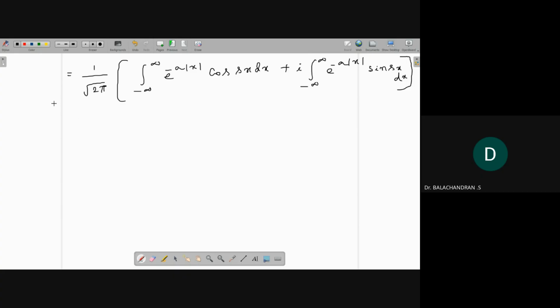Okay. So we know that e power minus a mod x is an even function, and cos sx is also an even function. So even into even is even. Sin sx is odd, so even into odd you get an odd function. The second integral is 0. The first integral you can write as 2 times 1 by root 2 pi, 2 times the integral from 0 to infinity of e power minus a mod x into cos sx dx.